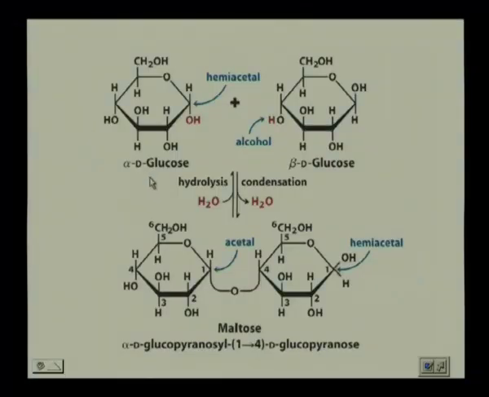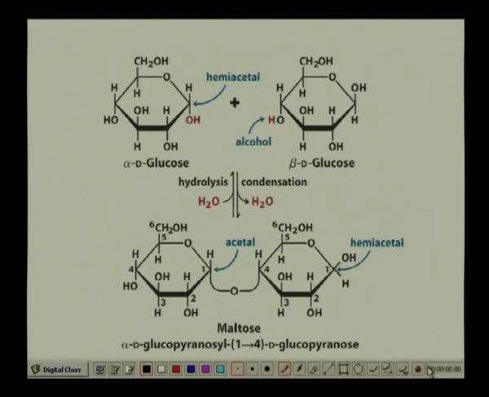We have alpha D-glucose, the hemiacetal, which is linking with what number carbon is this? Carbon number 4. This is carbon number 1, 2, 3, 4. Let me just get this straight here.